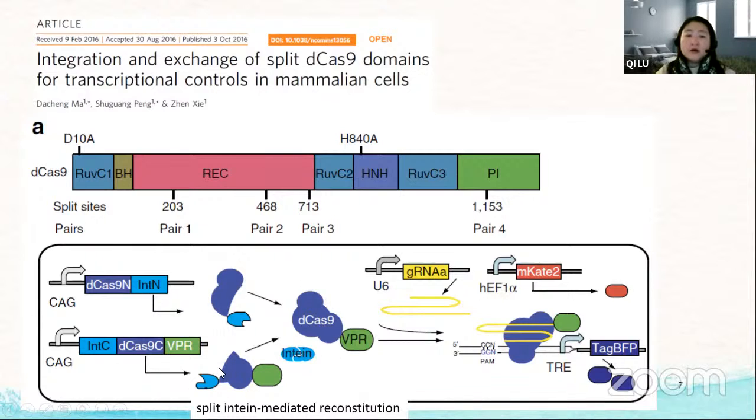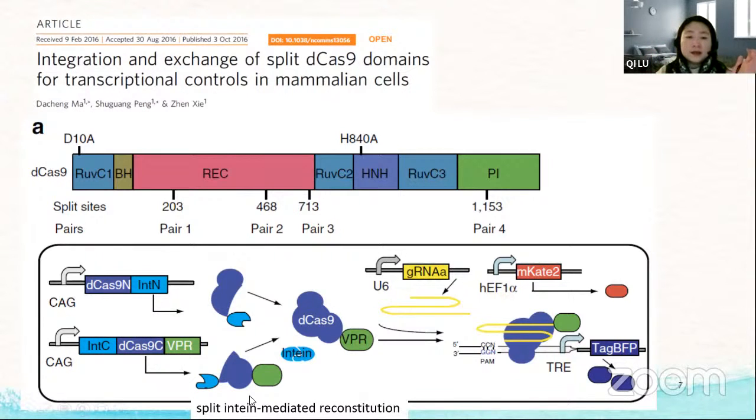Then within the cell, one vector expresses the N part of this Cas9 system, and another AAV construct expresses the C part of the Cas9 system. Then these two parts combine together and form the intact functional machine of this Cas9 system.